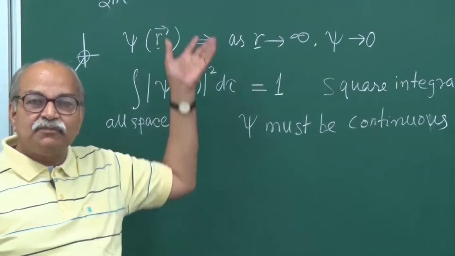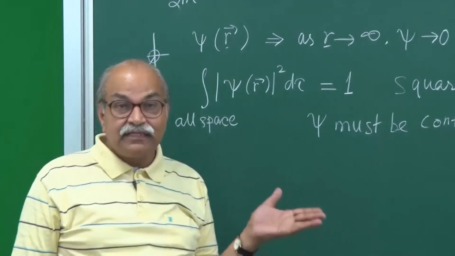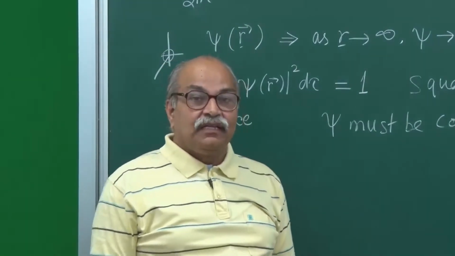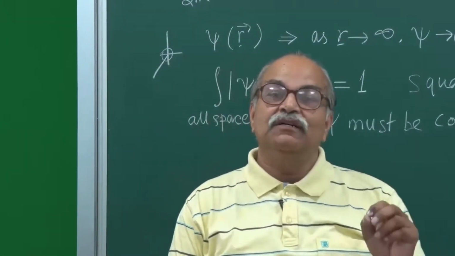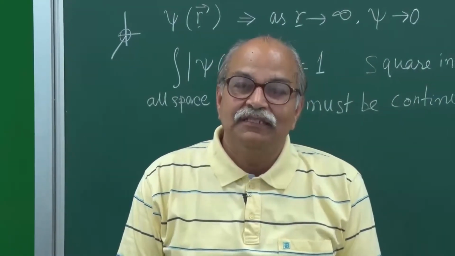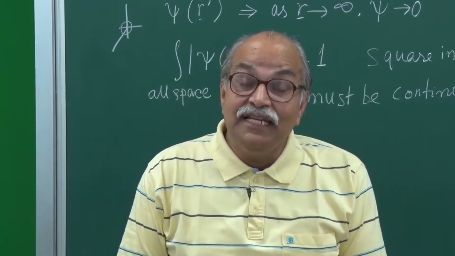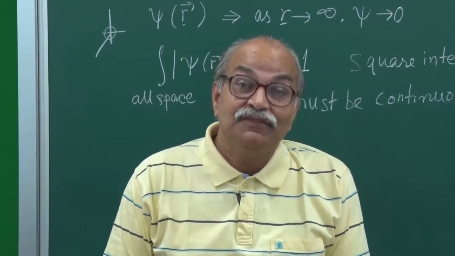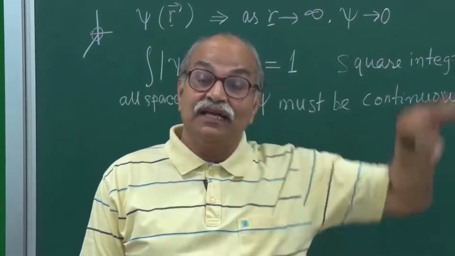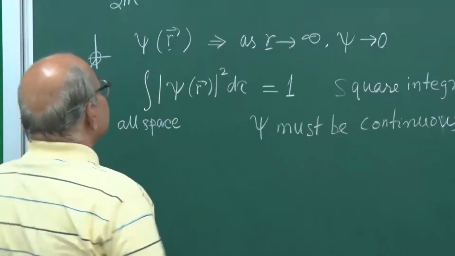But these are some of the conditions that this wave function must follow, and it turns out that if you put any arbitrary value of this energy capital E, in general you may not get any functional form psi which satisfies the equation with these boundary conditions, right. Your equation is here.